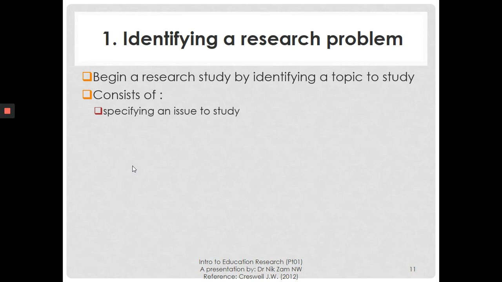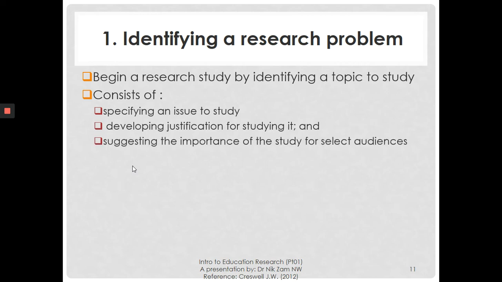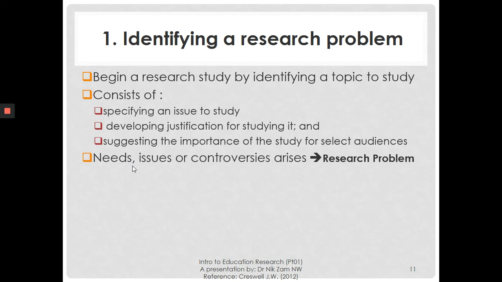Apa isu yang you nak tengok. Developing justification for studying. Kalau tadi apa isu, next one is kenapa you nak tengok isu tu, and suggesting the importance of the study for select audience. So this is what is contained in identifying your research problem.